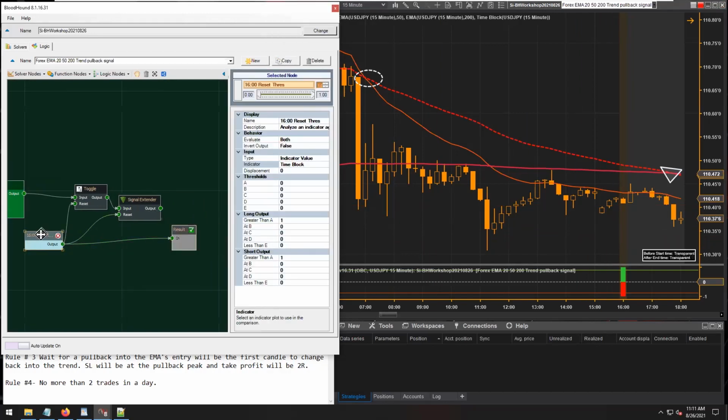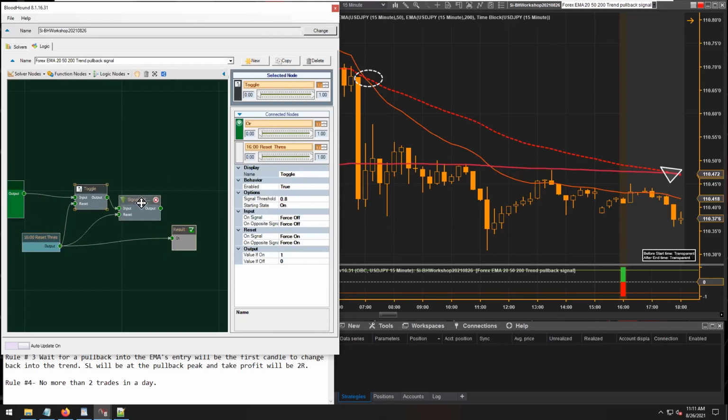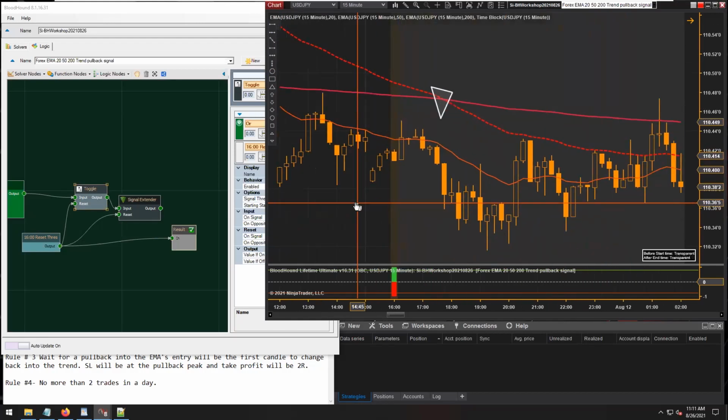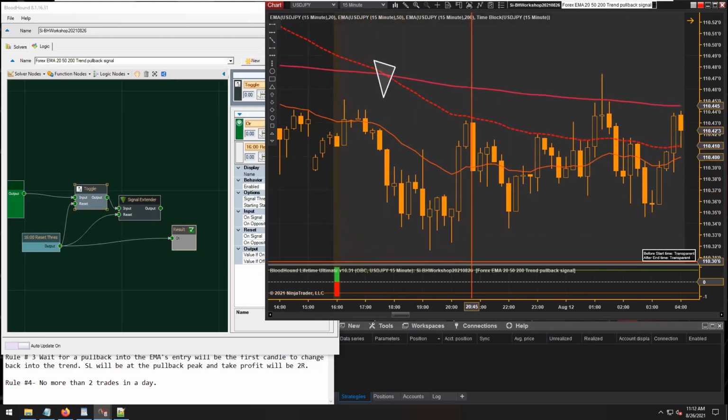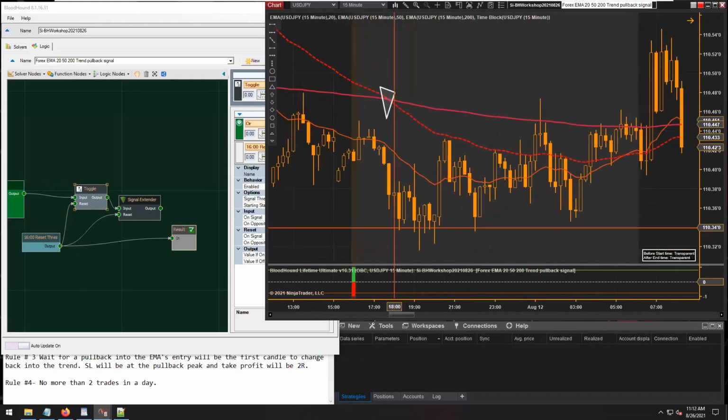Again, just to go back here and reiterate what I'm doing. I have this threshold solver that's providing reset signals to the toggle node. What the toggle node is doing is turning back on when the Asian session begins.